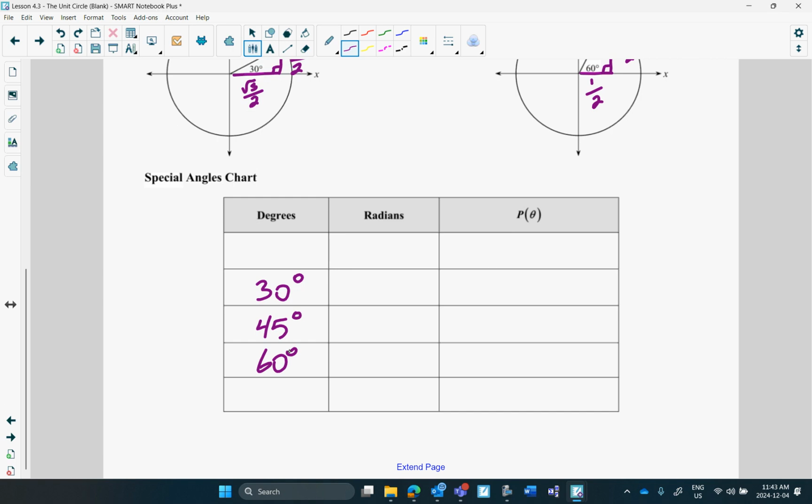For 30 degrees, the point on the unit circle was root 3 over 2, comma 1/2, according to the diagram above. For 45 degrees, root 2 over 2 for the x, and the same for the y. And 60 degrees is the reverse of 30: 1/2, comma root 3 over 2.